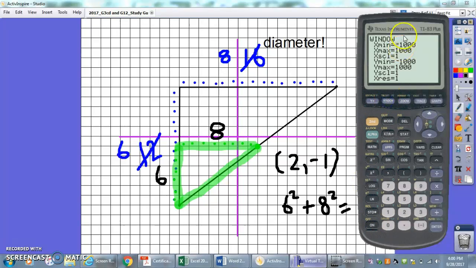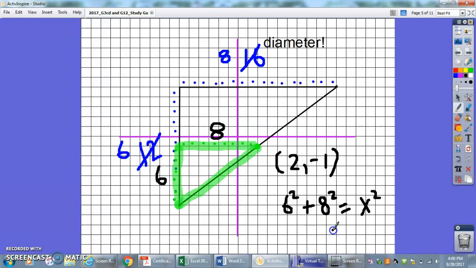Your window is set nicely. Y equals, so I already have it here for you, 6 squared plus 8 squared, and then y2 x squared. Then you hit second, trace 5, enter, enter, and you are done. Your radius is 10. So I'm going to write that down, 10.